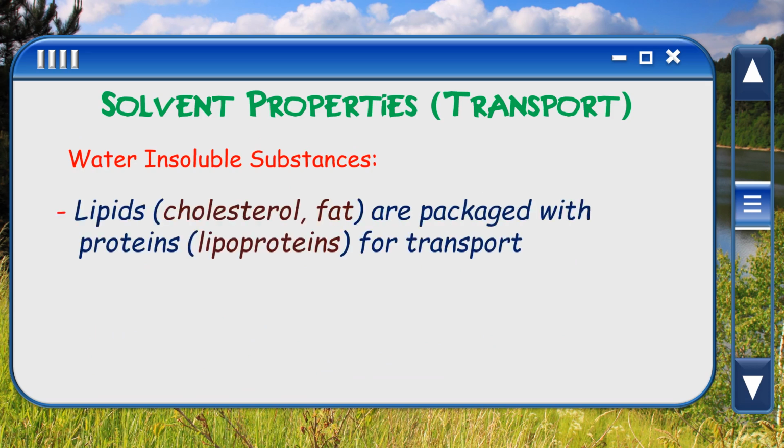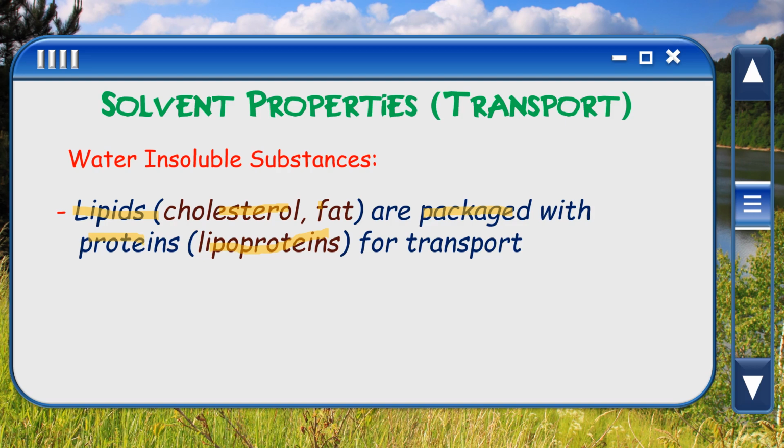Water-insoluble substances, for example the lipids, where we have cholesterol and fats, are packaged with proteins for transport. If we want to transport the lipids, we package them with proteins to form lipoproteins, and they are transported as lipoproteins.